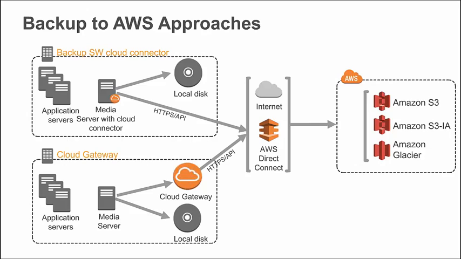The backup agents take snapshots of the data and they aggregate them and move them into a media server. And then the media server has a cloud connector that allows it to talk natively with our object storage services over APIs and HTTPS. So in the same way that it natively supports local disk and tape libraries, it also supports cloud services as a target.